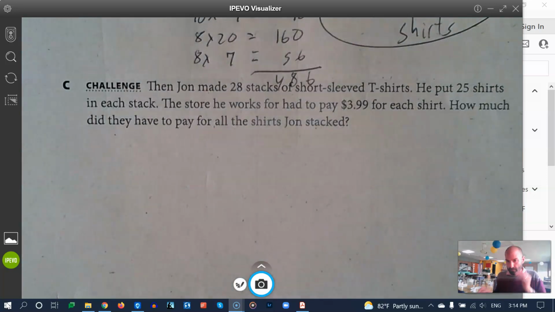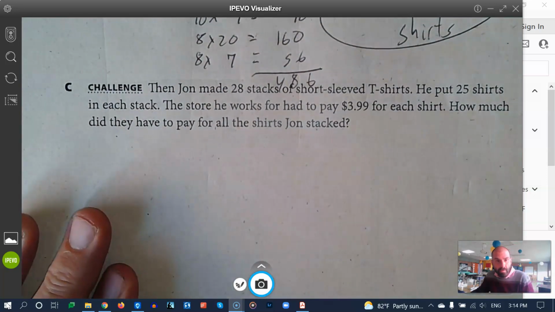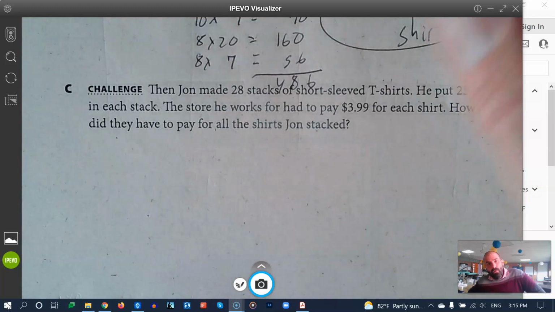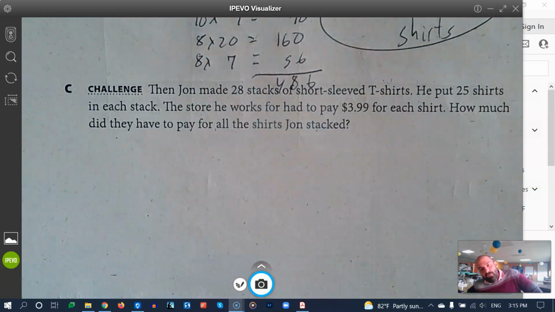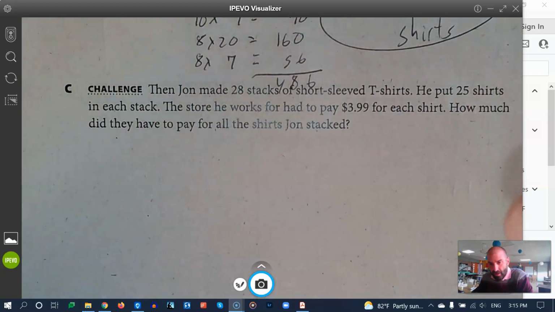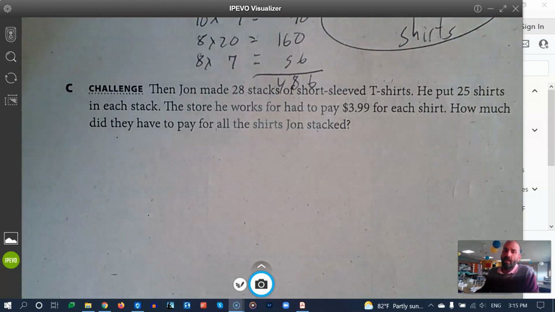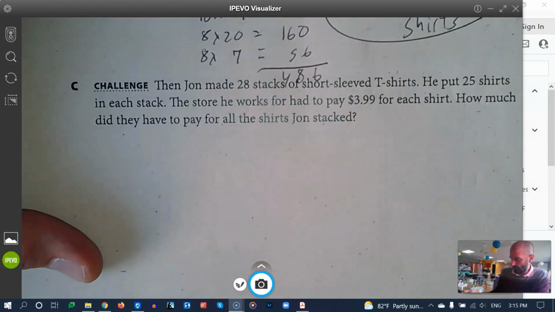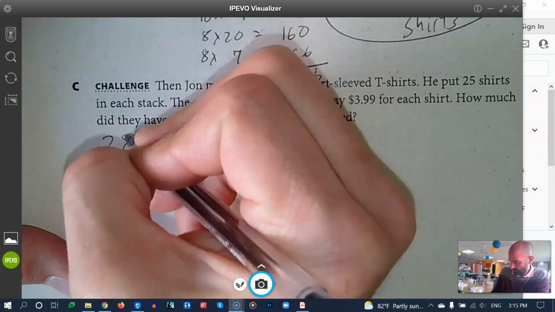Challenge problem. Let's see if Mr. White can hold his brain together to do this. Then John made 28 stacks of short sleeve t-shirts. He put 25 shirts in each stack. The store he worked for had to pay $3.99 for each shirt. How much did they have to pay for all the shirts John stacked? I need to find out how many shirts there are and then how much that is for $3.99. All right, we got 28 times 25.